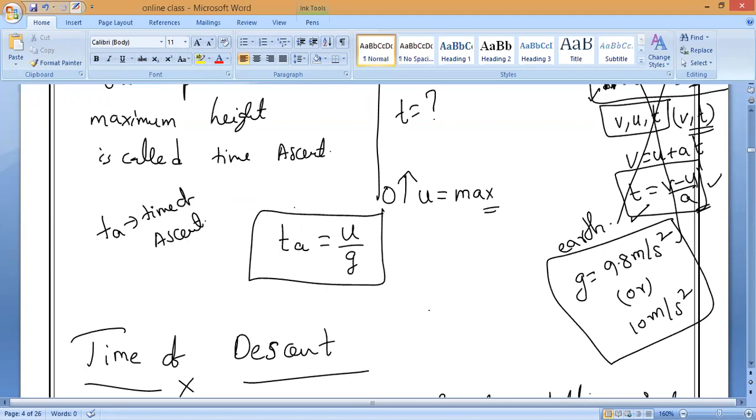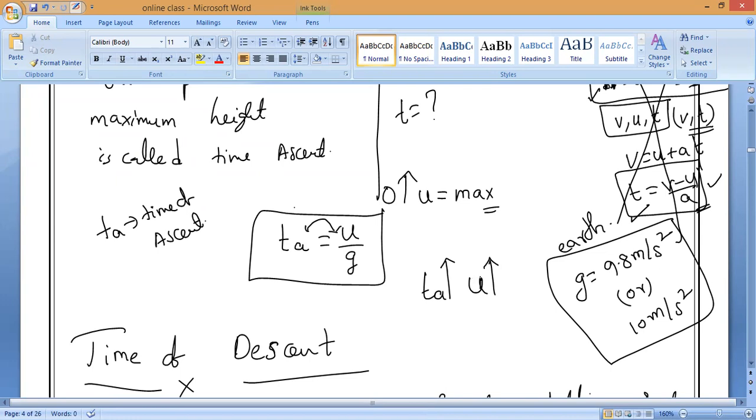Now, one more thing I forgot. Tell me, are the time of ascent and initial velocity directly proportional or inversely proportional to each other? Check what the relation is. If the initial velocity increases, will the time of ascent increase or decrease? The time of ascent also will increase. Suppose Harish throws the ball very fast, and Danishkar throws the ball very slowly. Whose ball will reach the maximum height?